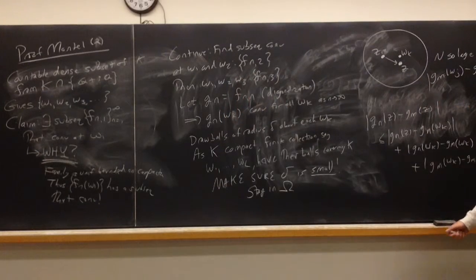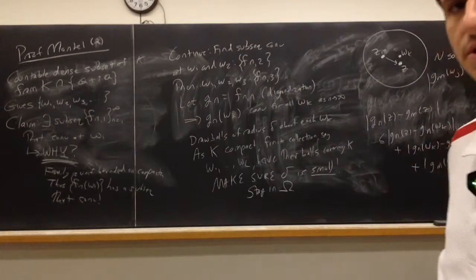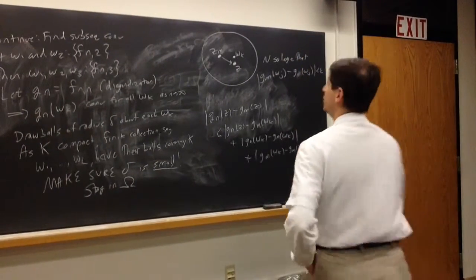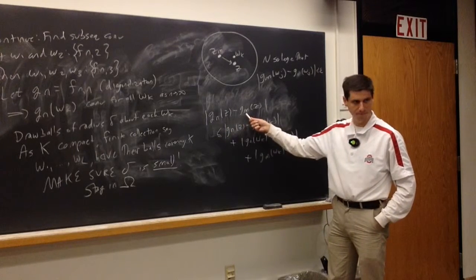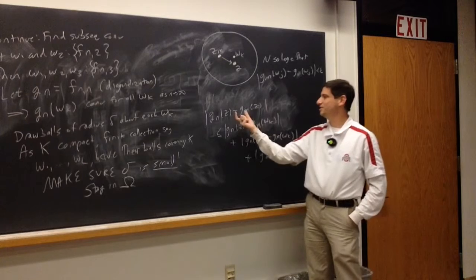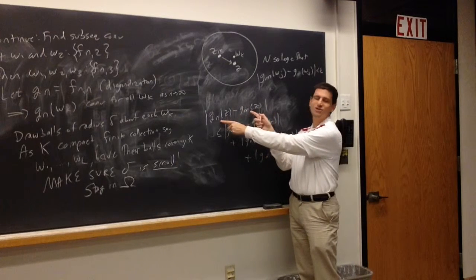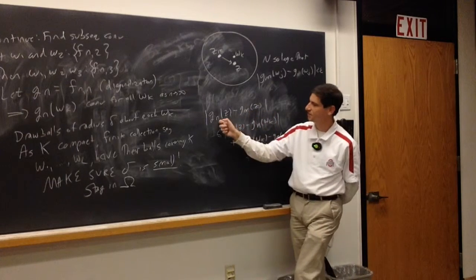Is the middle piece we need to do. Okay, sorry about that. The middle piece we need to do is we have Gn and Gm. The Cauchy criterion is we're not changing different points here, we're changing the index. That's where I was making the mistake.